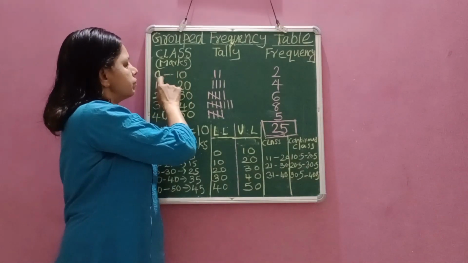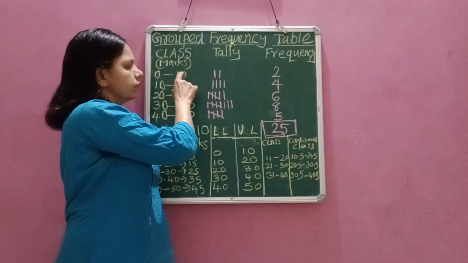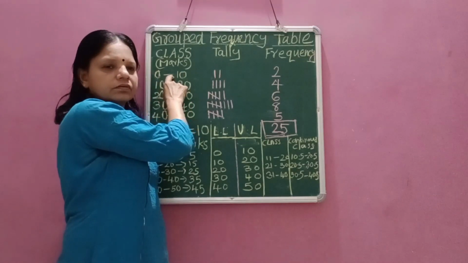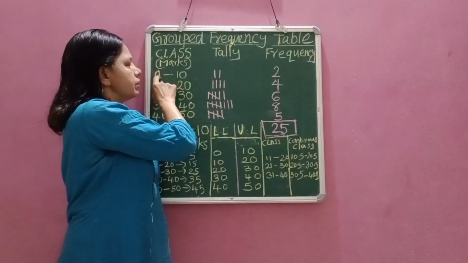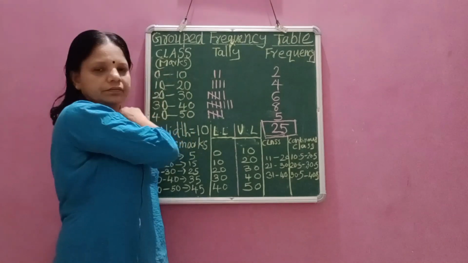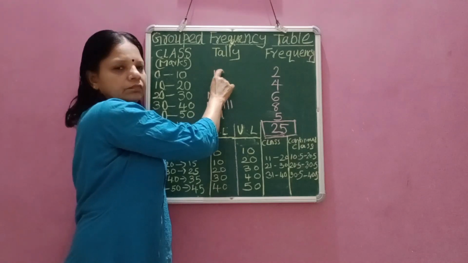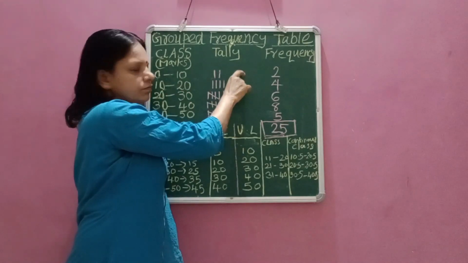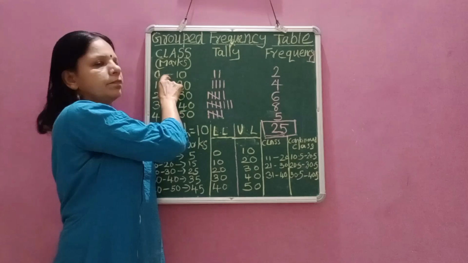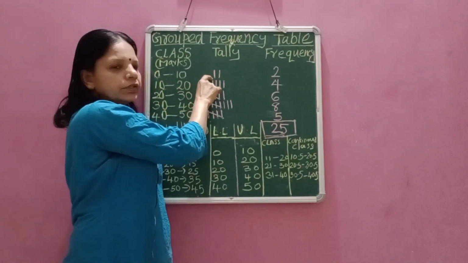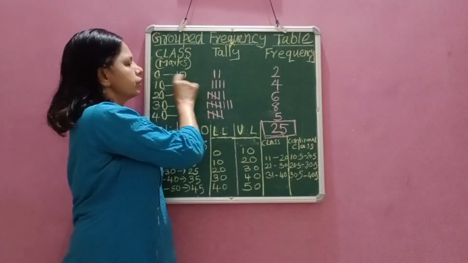So what does it mean? All the scores coming in between 0 and 10 will come in this class. So suppose there is a number 7 in the data. Where do you put the tally mark? In 0 to 10.